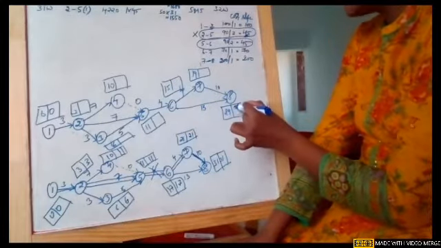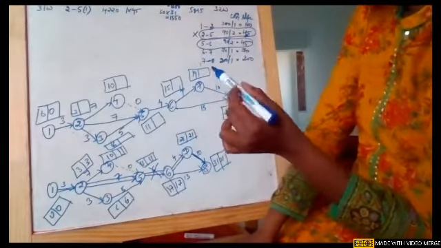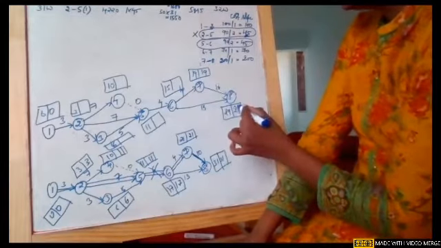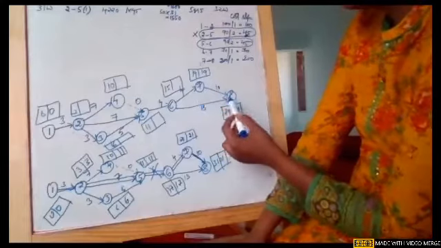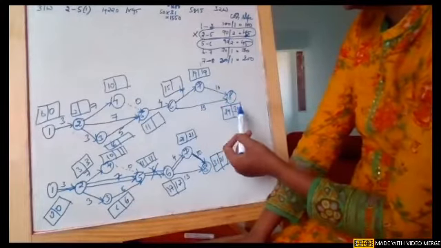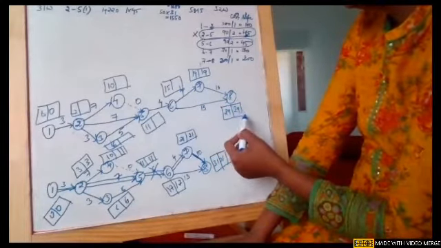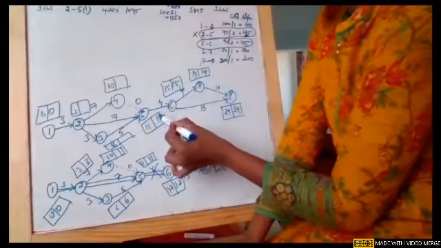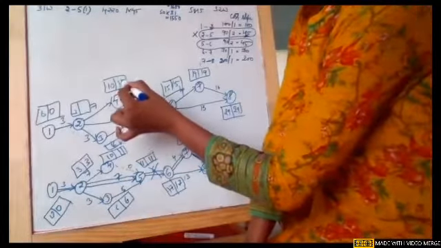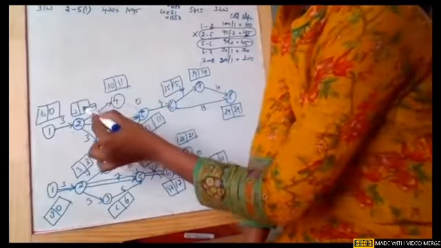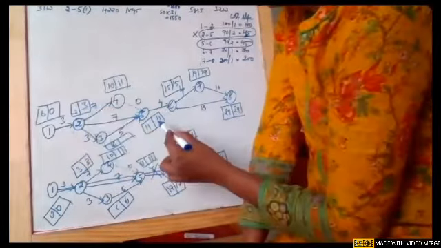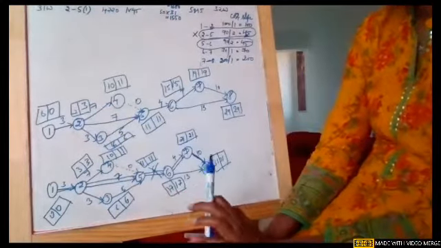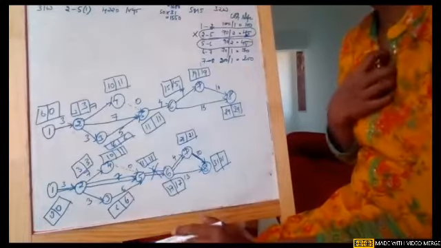So 29 is the maximum value. So 29 minus 10, 19. 29 minus 13. 19 minus 4, 15. Okay, 15 is the smallest value. 15 minus 4, 11. 11 minus 0, 11. 11 minus 5, 6. Okay. So now this is the network, girls.